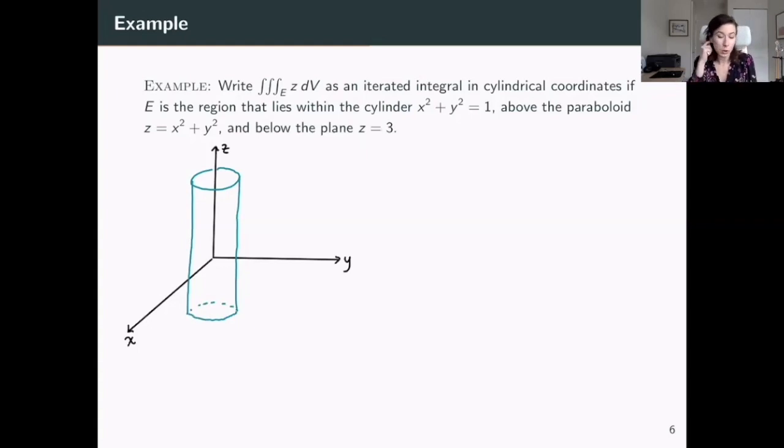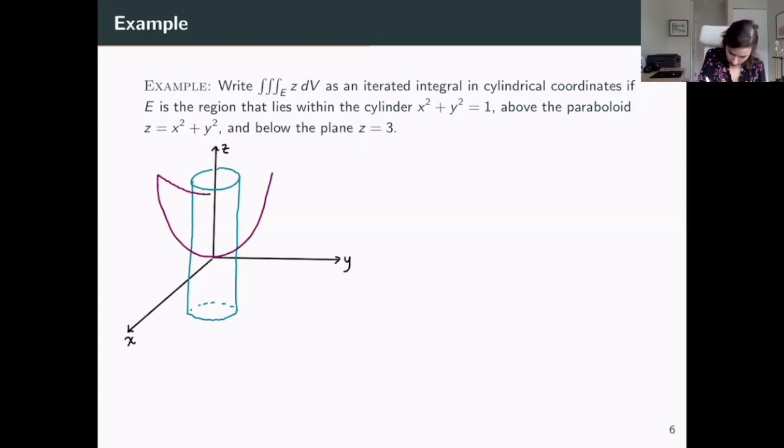And we're also looking at the paraboloid, which has a vertex at the origin. And so that is going to look something like this. And note that I'm cutting off at the plane z equal to 3.